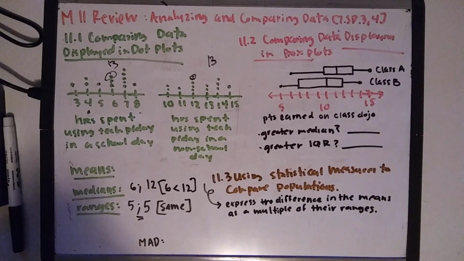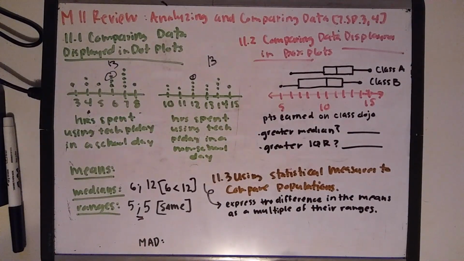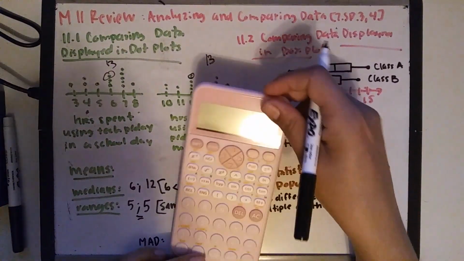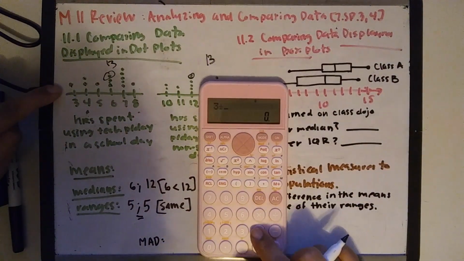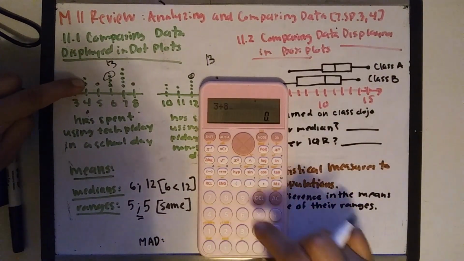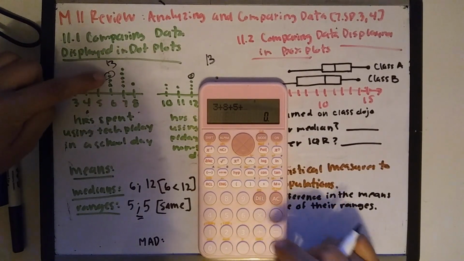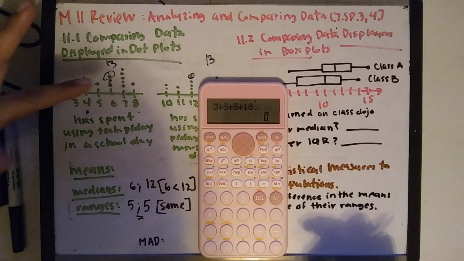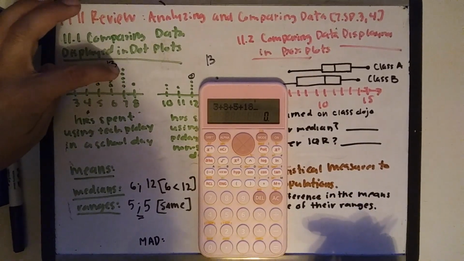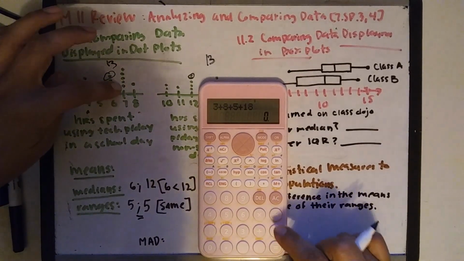And then the means. Remember, I have to add them all together and then divide by how many data points I have. So I have 3 plus 8, because 4 plus 4 is 8, plus 5. And then I have 3 sixes, so 6 times 3 is 18. I don't do one by one, I do it like that. And then we have 1, 2, 3, 4, 5 times 7 is 35.